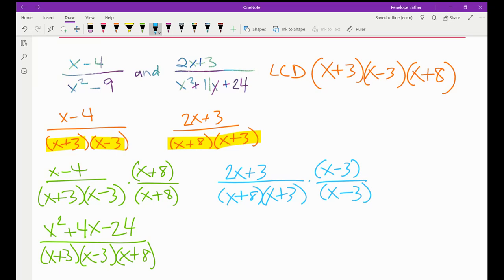So 2x times x is going to be 2x squared. 2x times negative 3 is negative 6x. 3 times x is 3x. Negative 6 plus 3 is negative 3x. And then 3 times negative 3 is negative 9. And we just write our denominator at the bottom.